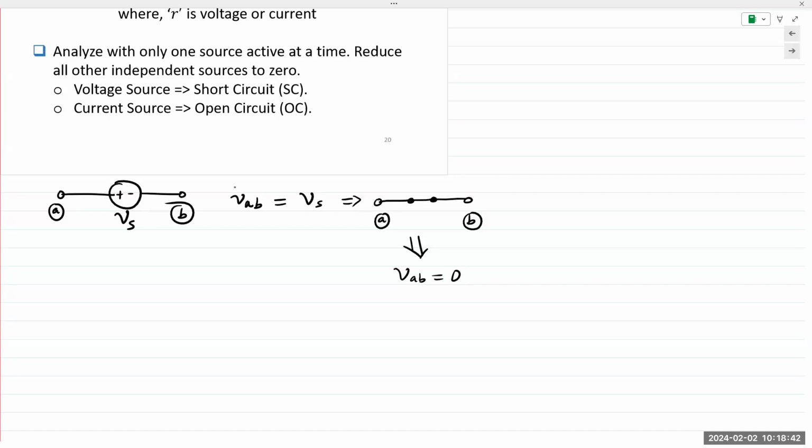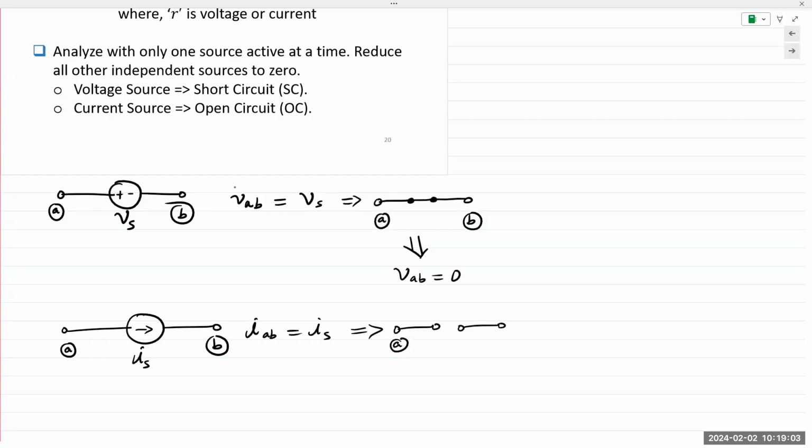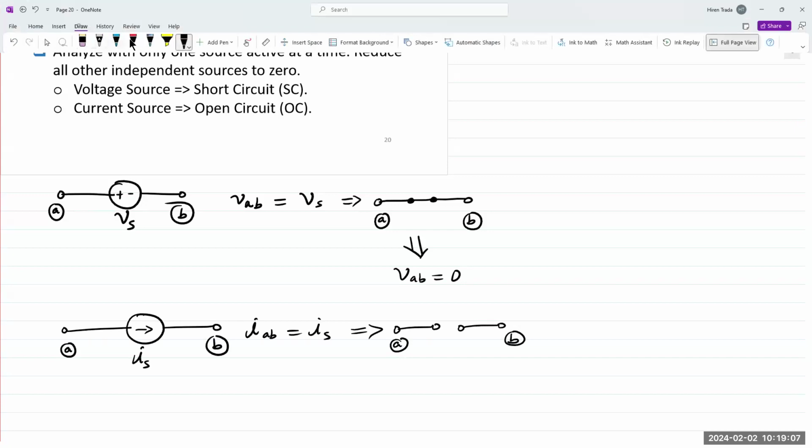And so a current source, doesn't matter which direction it is going, IAB is the current source IS. The only way it gets reduced to 0 is if there is no pathway for the current to flow through.